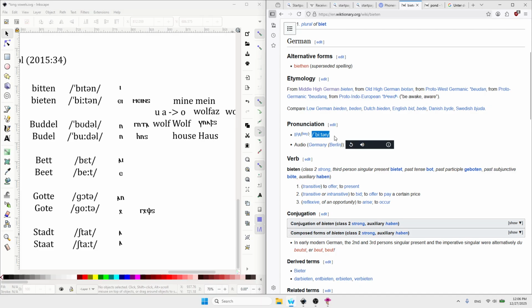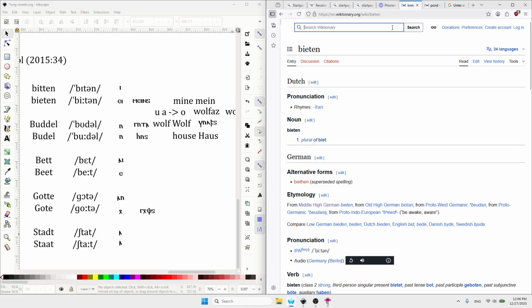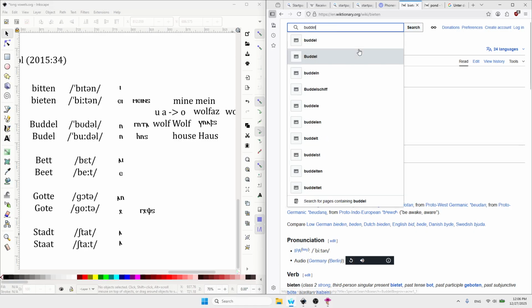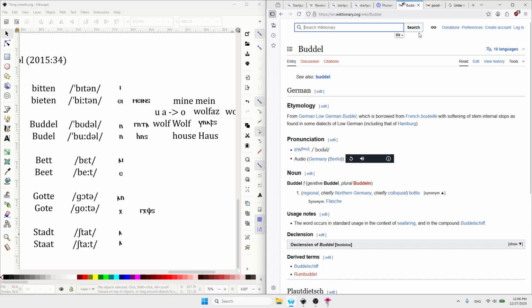I feel like the most likely explanation is that I don't pronounce the long vowels correctly. I feel like I pronounce them over long, because it's not something I can hear very easily, and it's not a distinction I make in my native language. Bieten sounds short to me. Buddel should be short.